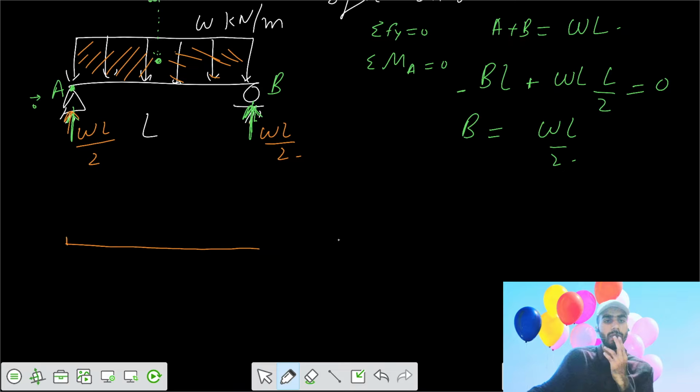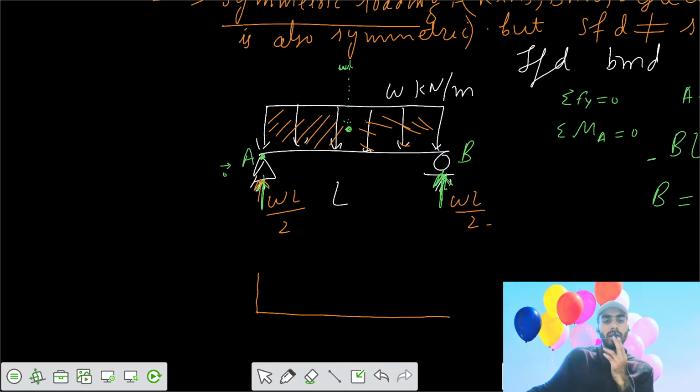The shear force here is WL by 2. You might be confused that there is also a load W here, but that is an intensity, not a point load in kilonewton. It is a function of length.